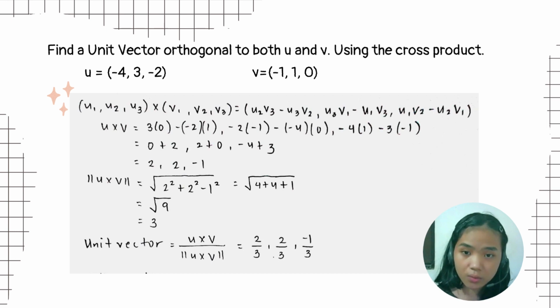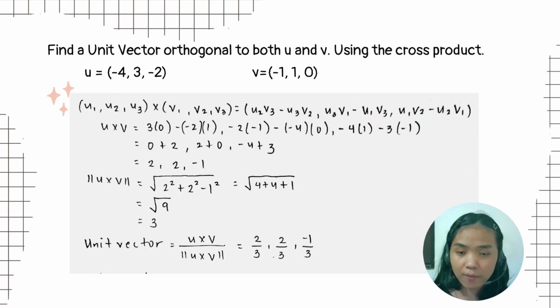To get that, we'll just have to square each term. So 2 squared is 4 and -1 squared is 1. So let's add 4 plus 4 plus 1, which is equal to the square root of 9. And the square root of 9 is just 3.